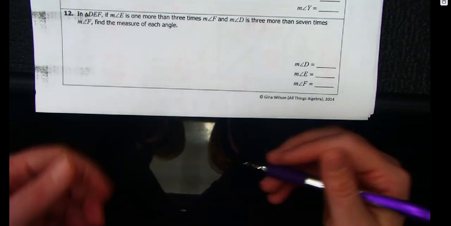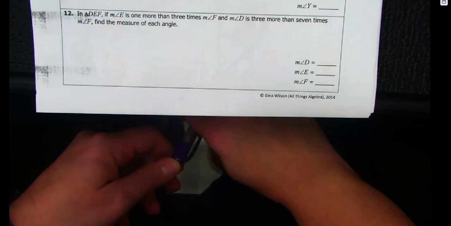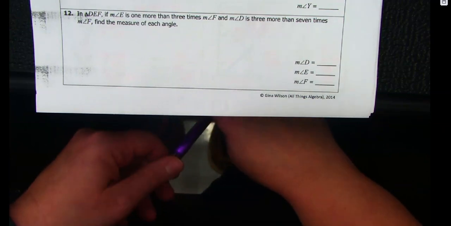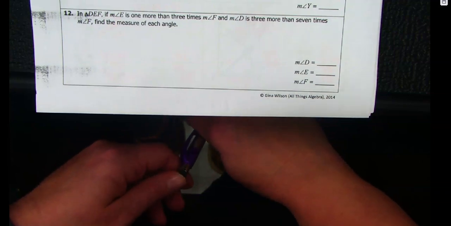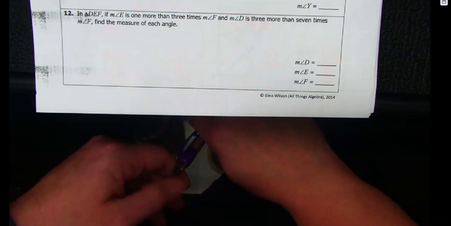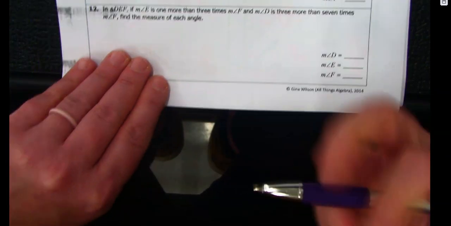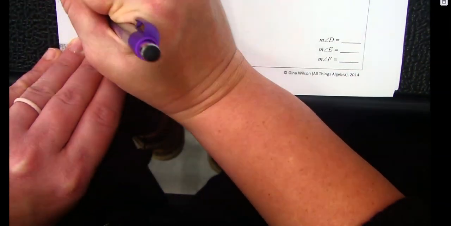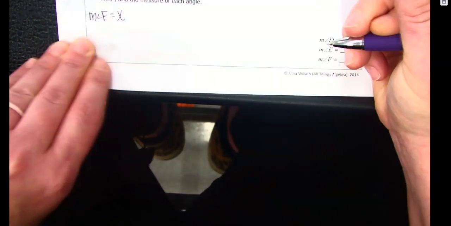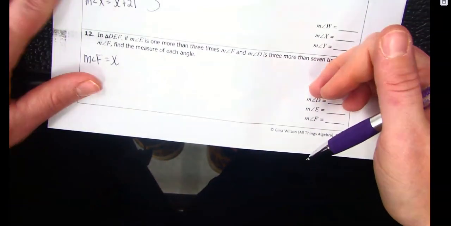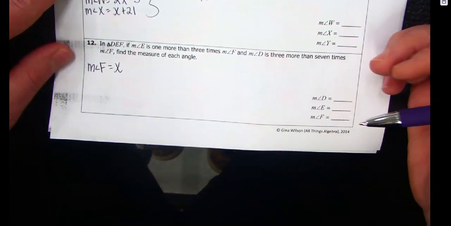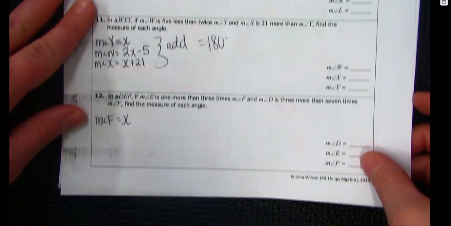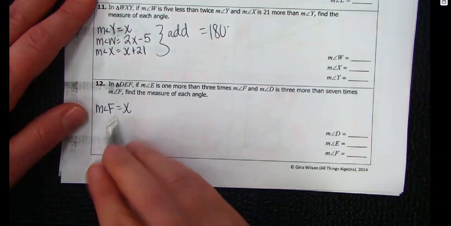Number 12 says in triangle DEF, if measure E is 1 more than 3 times the measure of F and the measure of D is 3 more than 7 times the measure of F, find the measure of each angle. So this time the measure of F is our unknown. We don't know that, sorry. But if we did know F, then we could find the other ones.